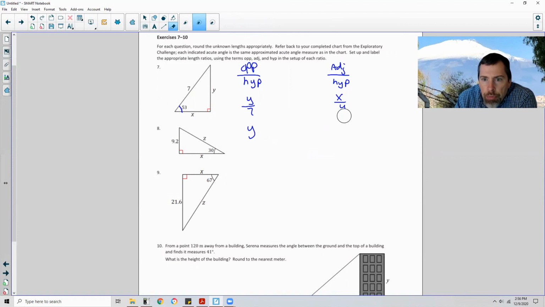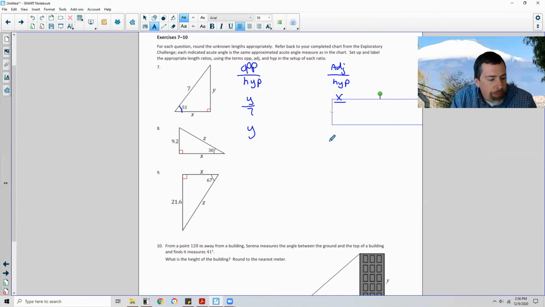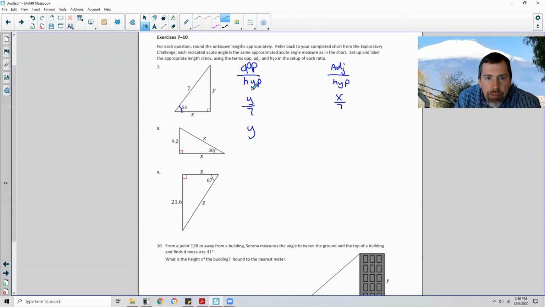Oops, I put a y here. I don't know what this is doing. Never mind. Escape. Okay, let's try that again. That should be a 7. Here is the reference angle, adjacent over hypotenuse, x over 7. So there's the ratio setup.